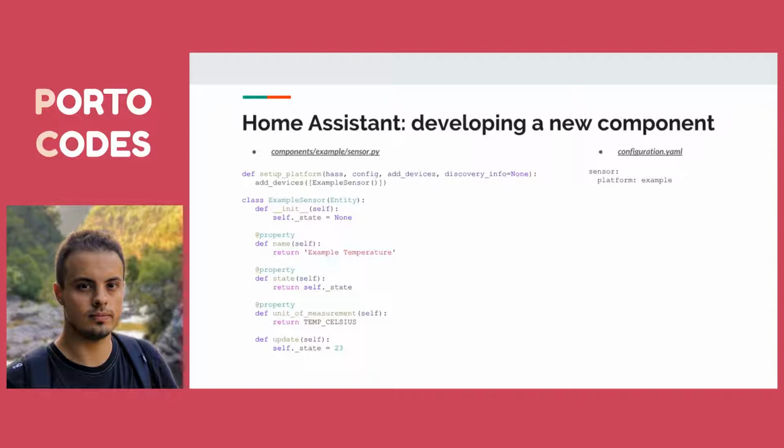You only need this. This is one that will always display 23 on the UI, which is not very useful. But for example, the first component I made was to scrape the web page of my router and to get all the devices that were connected there. So I can have in Home Assistant which devices are connected or not, mainly for using my phone as a presence detector.